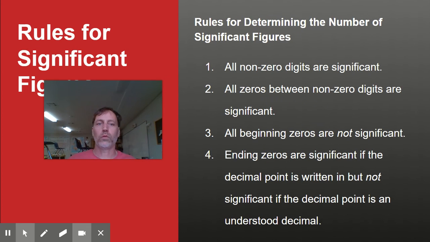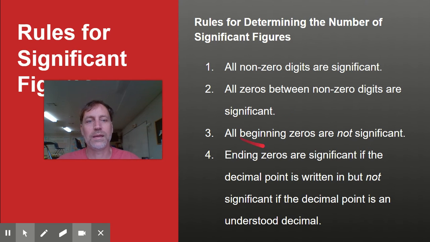So here's some rules about significant figures. In significant figures, all non-zero numbers, any number that's not a zero, is considered to be significant. All zeros between non-zero numbers, so something like 107, the zero there is significant.